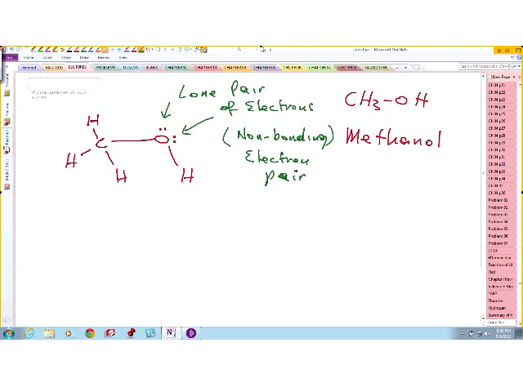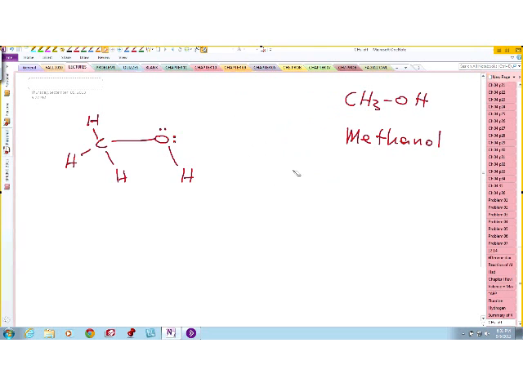Now, when it comes to hybridization, you have to assume that each non-bonding electron pair is actually a bond. Keep that in mind. Anytime you see a lone pair of electrons or non-bonding pair of electrons, you should consider that as a bond.